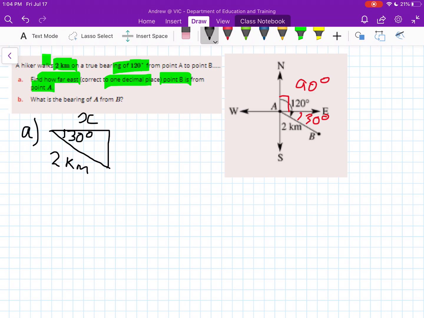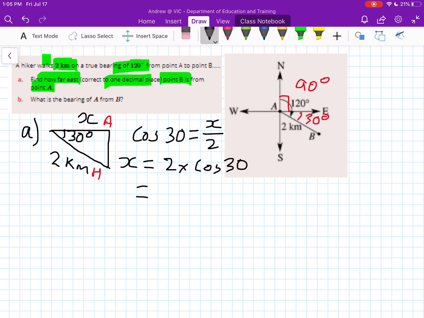We've got our angle, and then we've got our hypotenuse and our adjacent, so we can use cosine. So the cosine of 30 is equal to x over 2. So x is going to equal 2 times cosine 30, because remember we need to multiply both sides by 2.